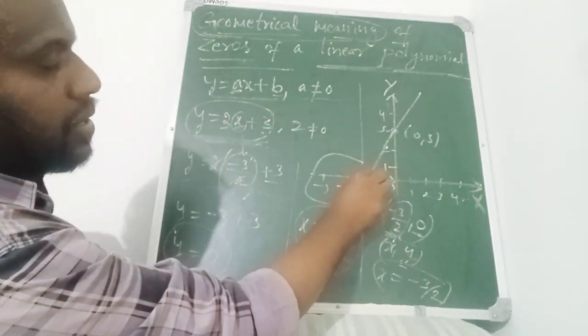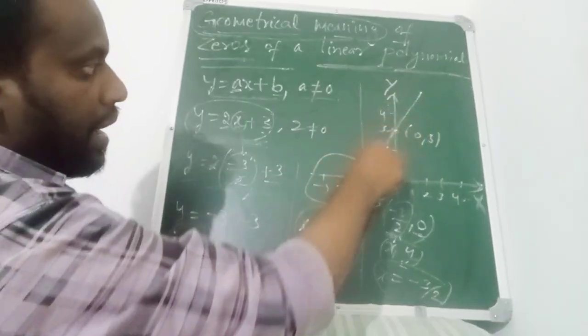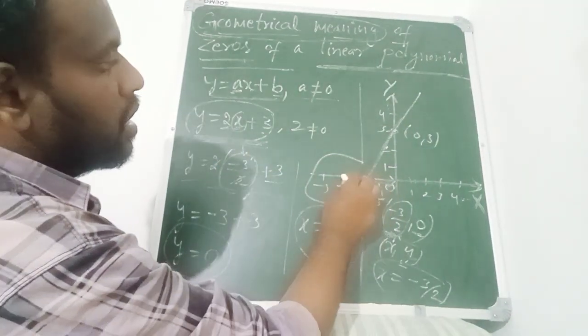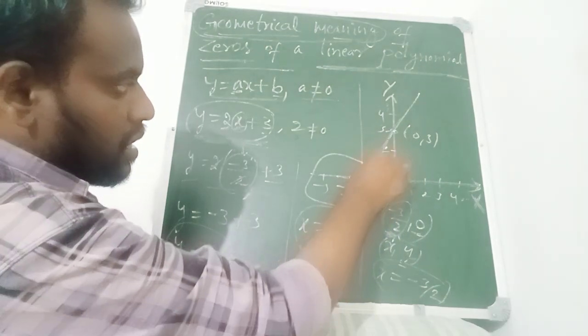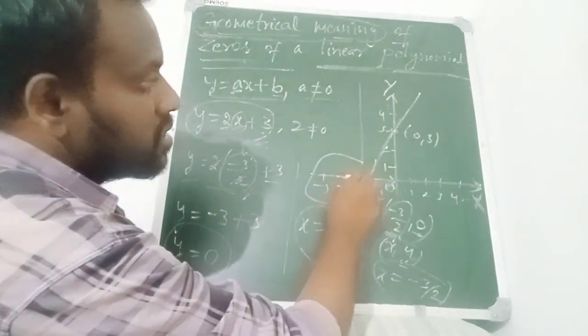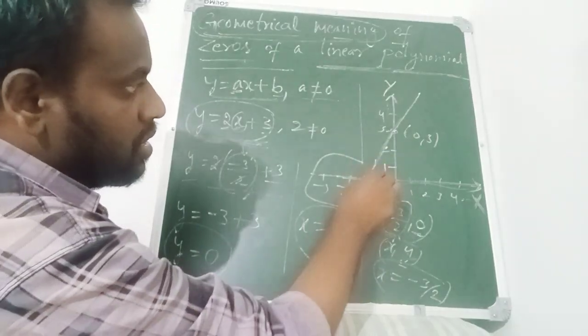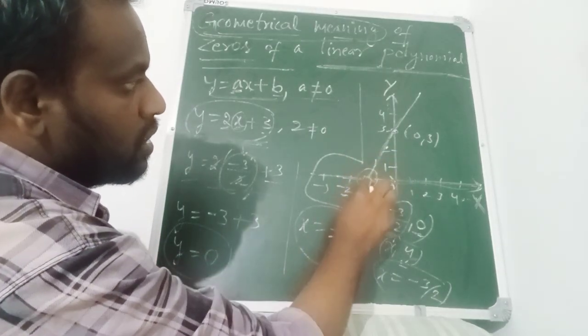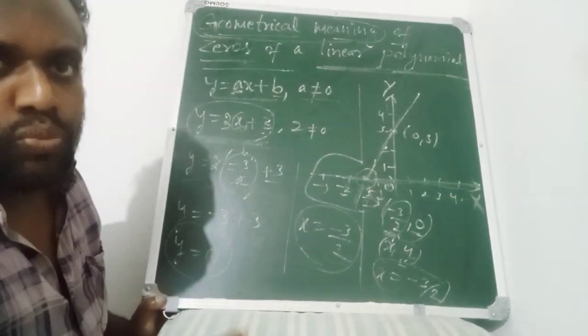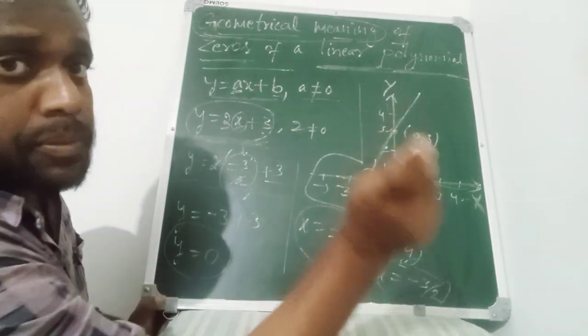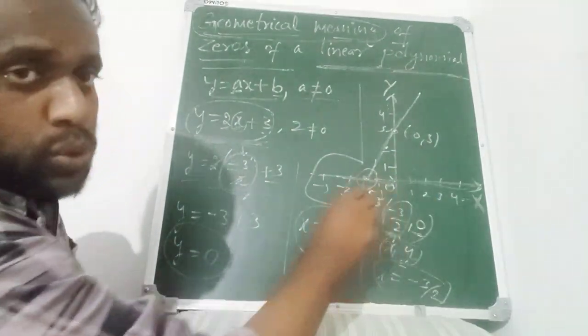The point where the line or this polynomial crosses or intersects this x-axis. So at this point the line is crossing here. So this point is called 0. So I explained graphically what is 0.